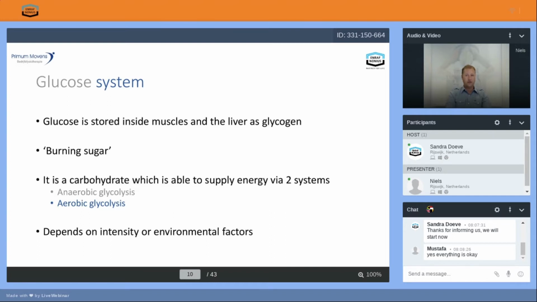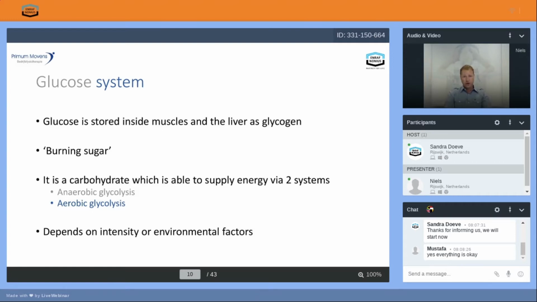It's quickly available, and it's actually a carbohydrate which is able to supply energy through two systems, because you can burn sugar or use sugar as fuel by the anaerobic glycolysis when there is no oxygen available for burning the sugar, or the other system is the aerobic glycolysis. In that system, there is oxygen available to burn this sugar and to transform the sugar into ATP.